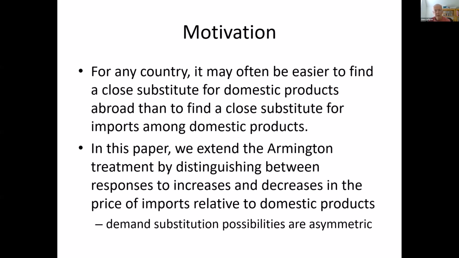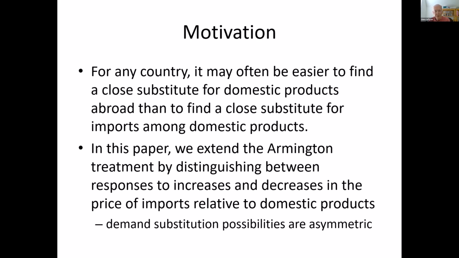The Armington function is, of course, used in many CGE models, and it's always assumed that it's equally easy to switch to and from using imports on the demand side. What motivates this paper is that we think it's very often easier to find close substitutes for domestic products abroad than it is to find close substitutes for imports among domestic products.